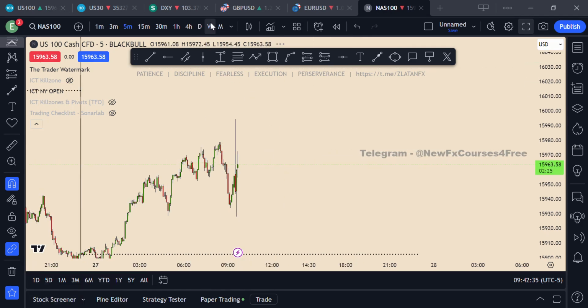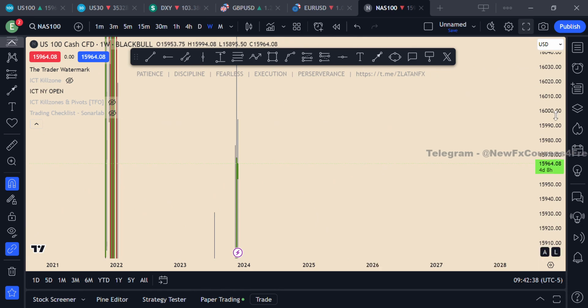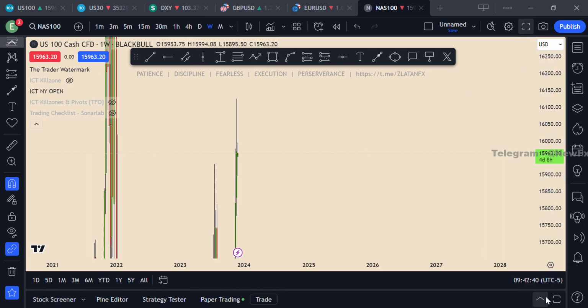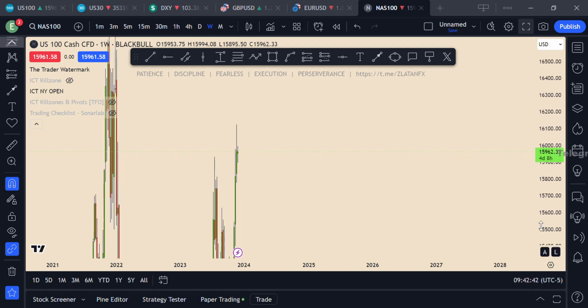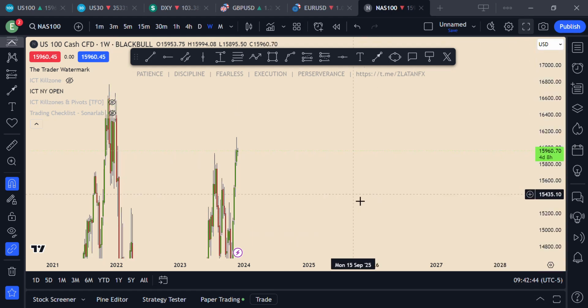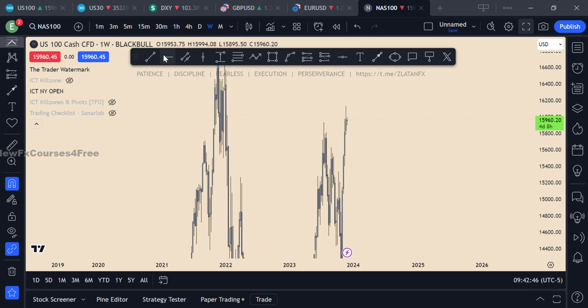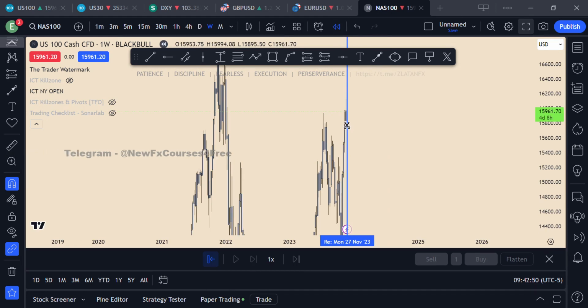Now the model is accumulation, manipulation, and distribution. Now I want you to take a look at this bullish wick. Let me go back and forward this.